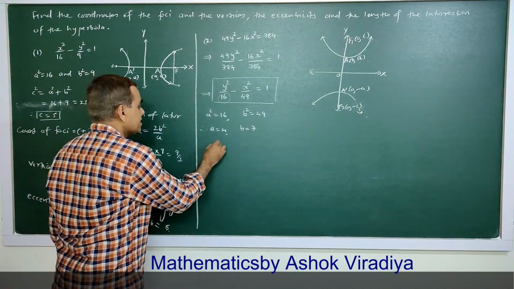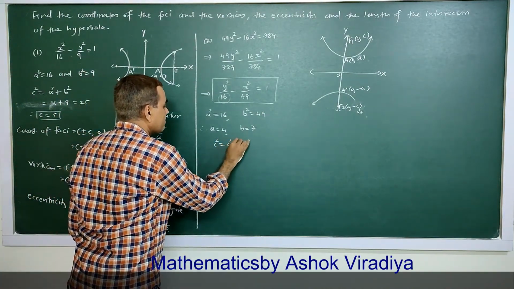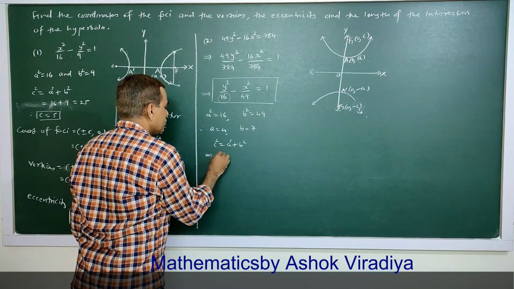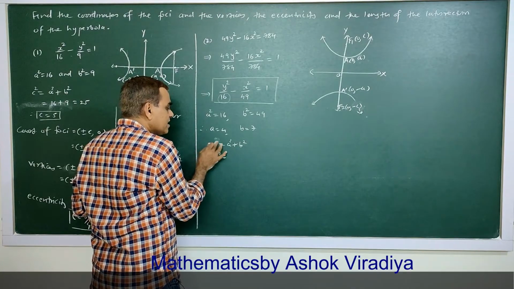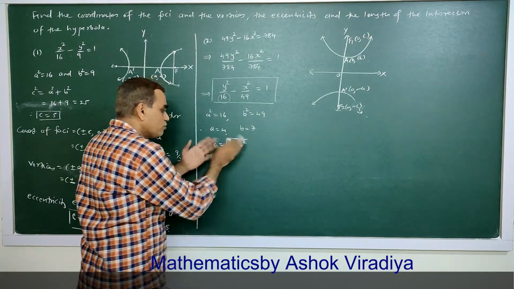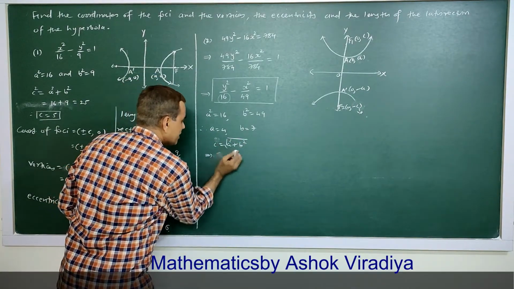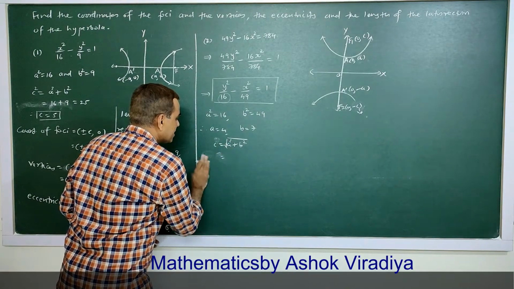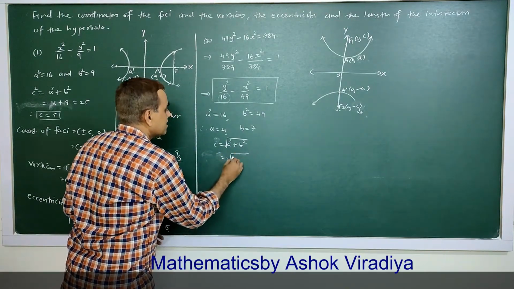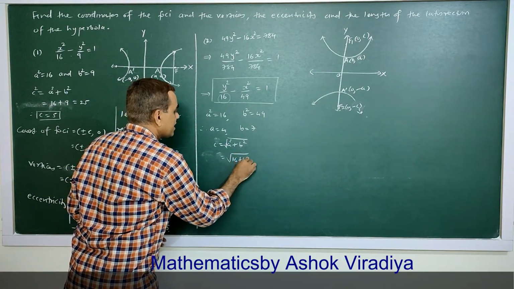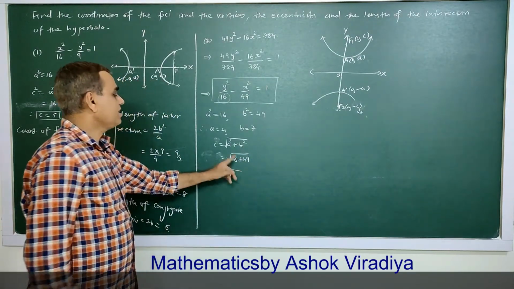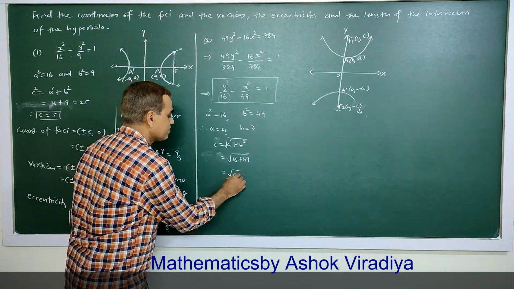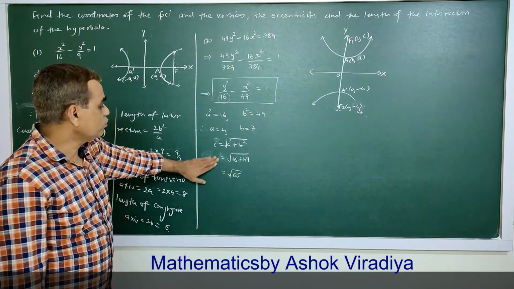Now C square is A square plus B square, or we can also put C is root A square plus B square. So that is square root of 16 plus 49, which is square root of 65. So C is root 65.